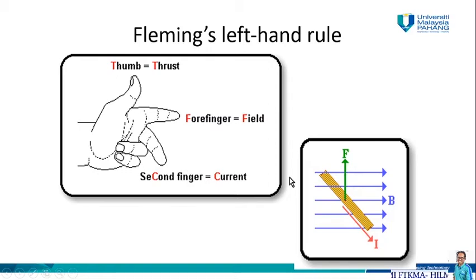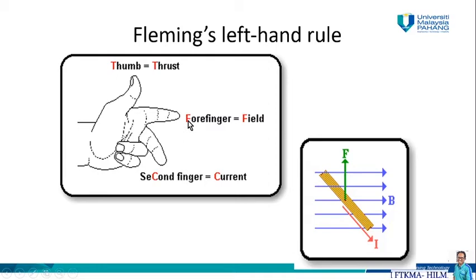So basically, you just need to use your left hand, your thumb, your index finger or forefinger, and your second finger. Your thumb is going to be the direction of the thrust or the force. So T for thumb, for thrust or force.